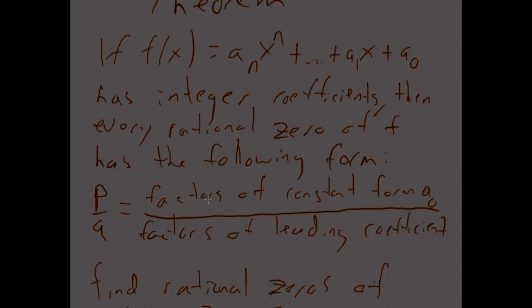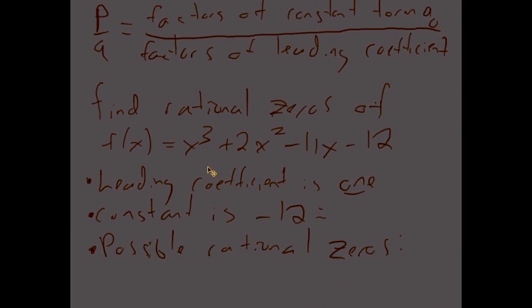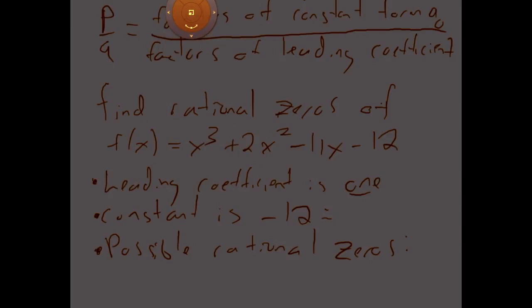The p is the factors of the constant term a sub 0, and the q, the denominator, is the factors of the leading coefficient a sub n. Okay, it's a lot of words, but once we get into it, it'll be simple as cake. Okay, is cake simple? I don't think so.